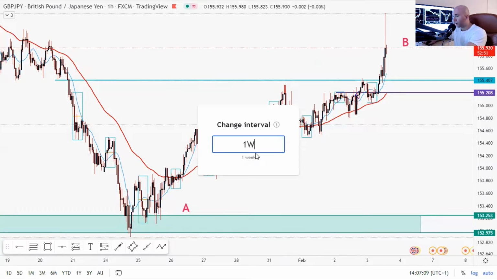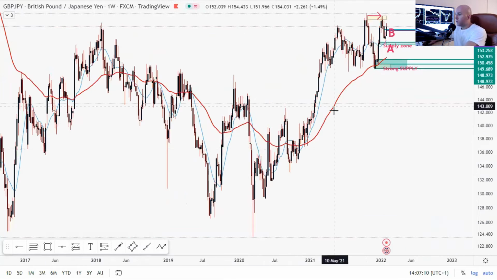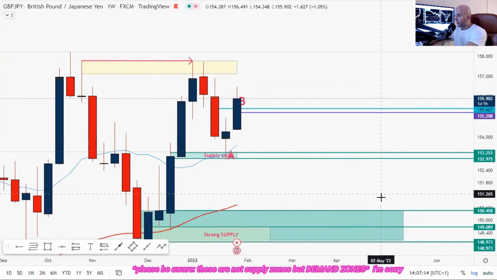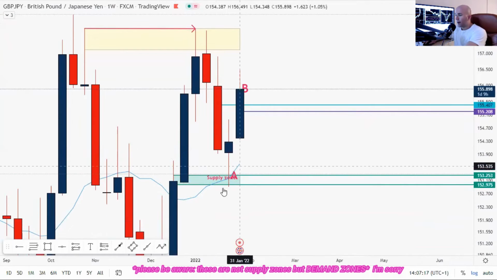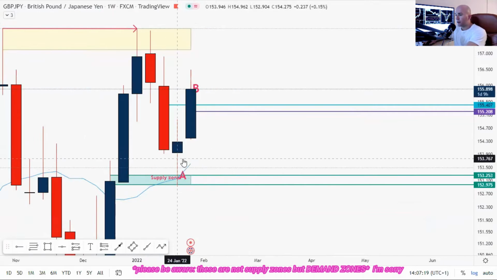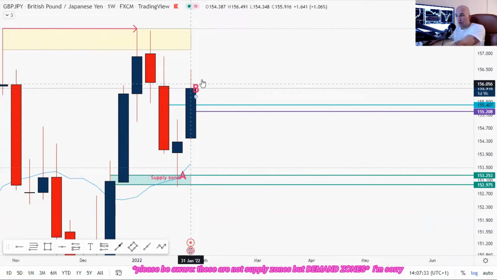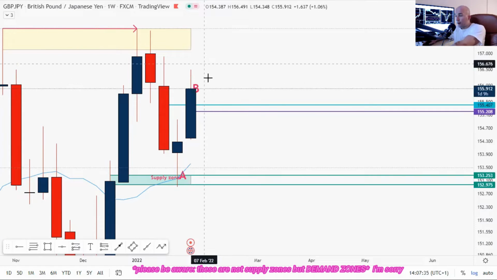Because if now we go to the weekly time frame and we zoom in right here, we have the A point beginning with lows of this weekly candle right here, and possibly ending with highs of the current week highs.